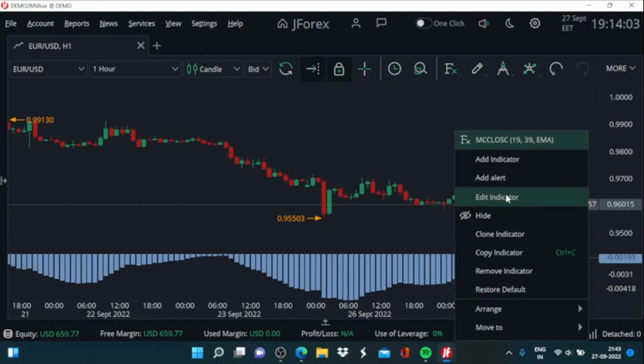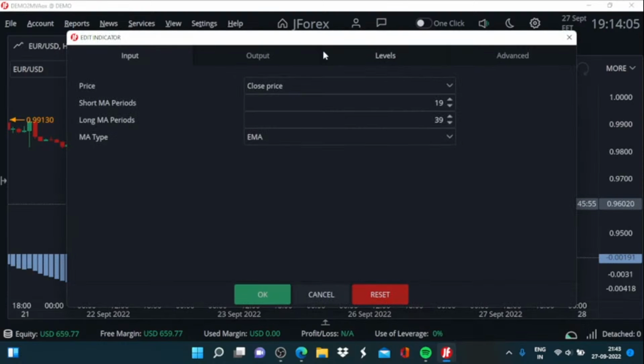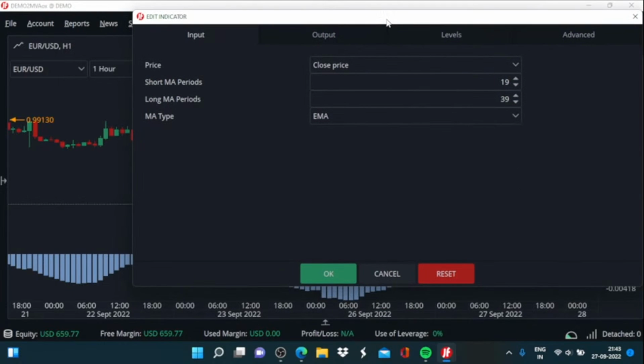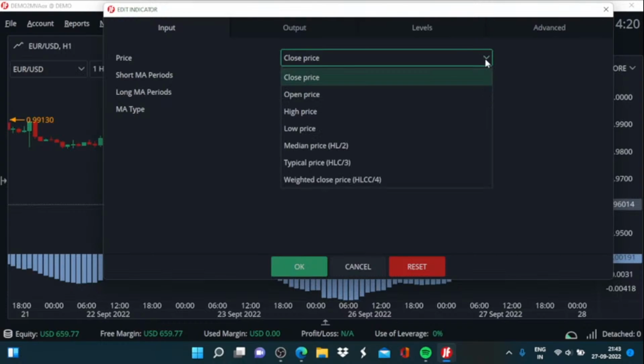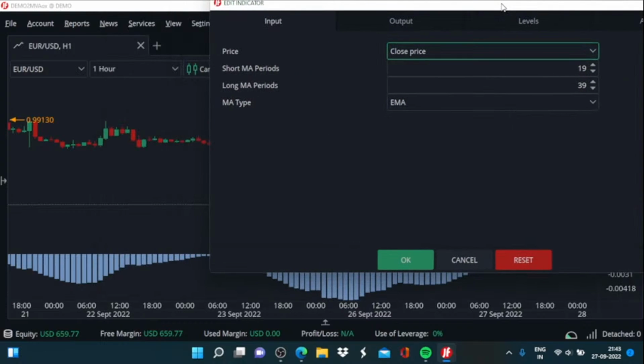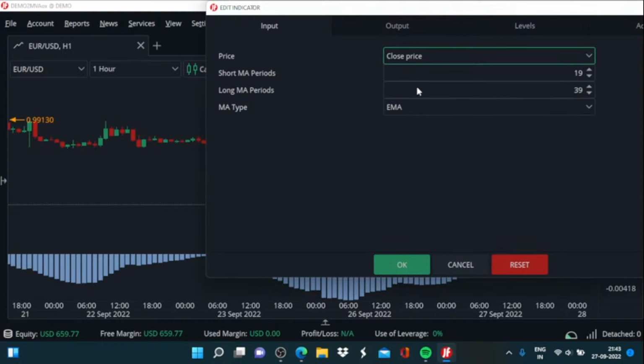So here we get the edit indicator option. We have these four input parameters, depending on which we will get one output value, named McClellan oscillator. Depending on what kind of applied price you use, you will have slight variation in its plotting.